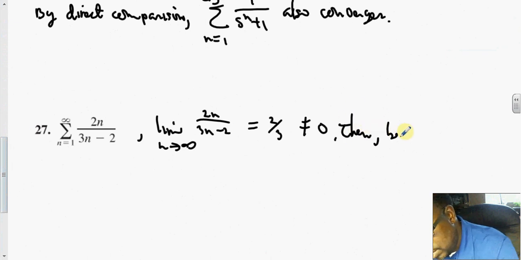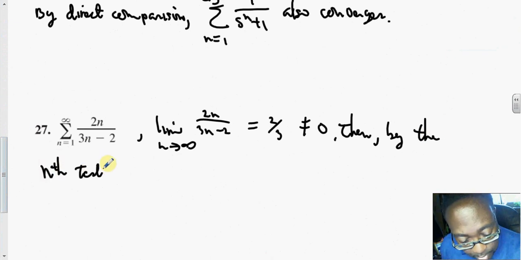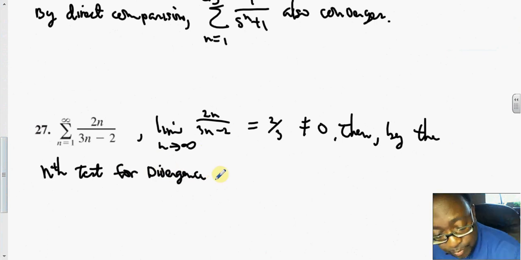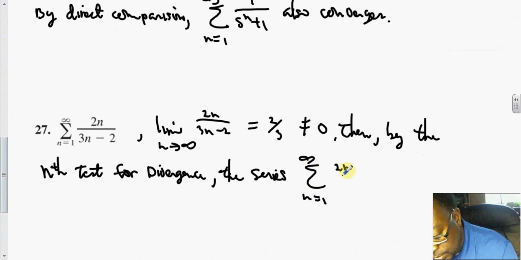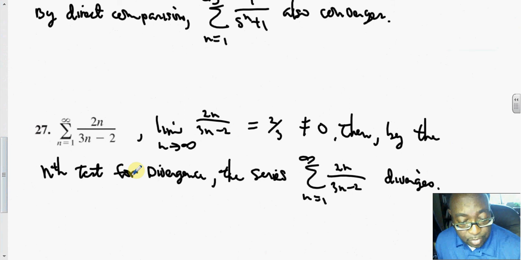Then by the nth term test for divergence, the series that's given diverges. This is by the nth term test for divergence.